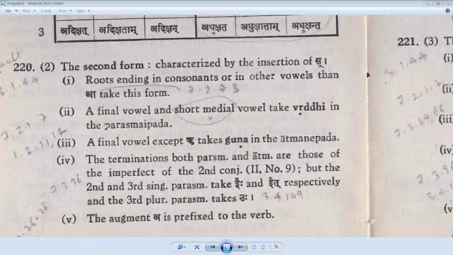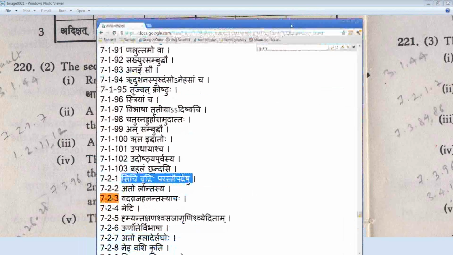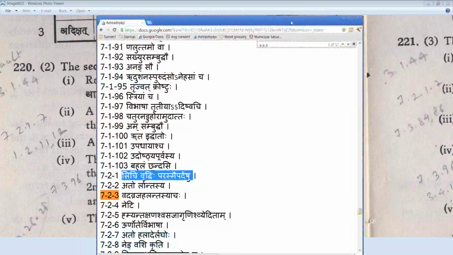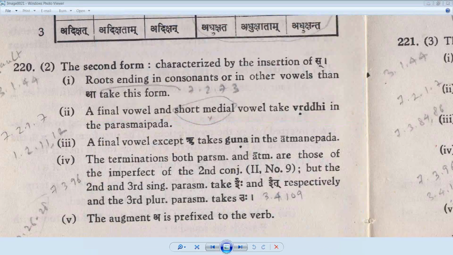He says that, sorry, parasmaipadam. And a short medial. It's not really short medial. We just saw there should be vada vraja halantasyachaha. Okay, it doesn't say short. It just said with dhatu vada, vraja, and any halanta angam. This doesn't say it has to be short. It's the vriddhyadeshaha. So you can remove that short really from that.